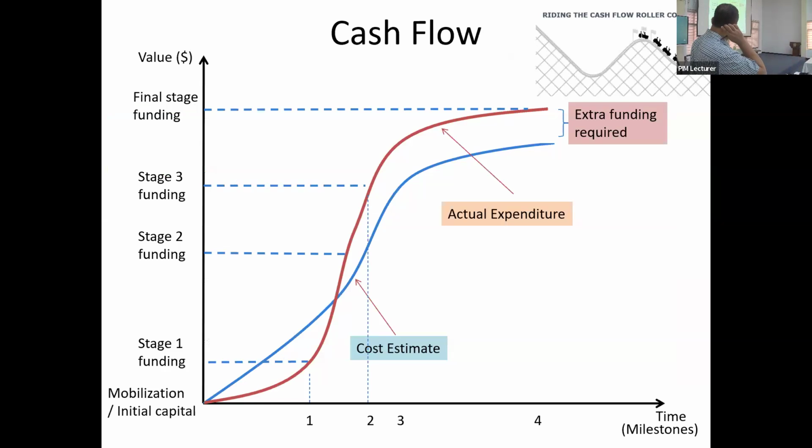Okay, so let's look at cash flow. That's what today's topic is all about. As you can see here, this is a simple diagram of planned cash, the blue line, versus actual cash requirement. Blue is the budgeted cost, which we call a cost estimate, but the actual cost is like this.